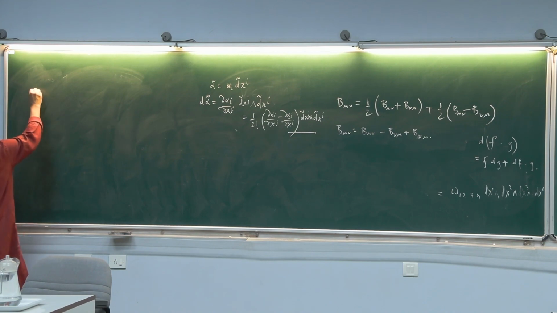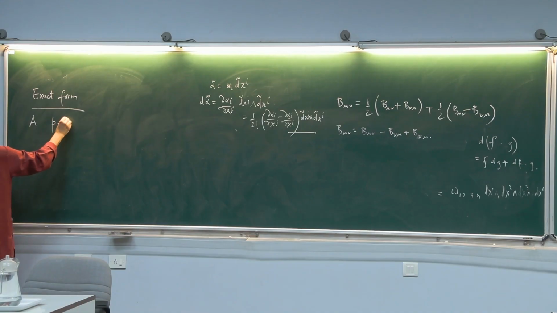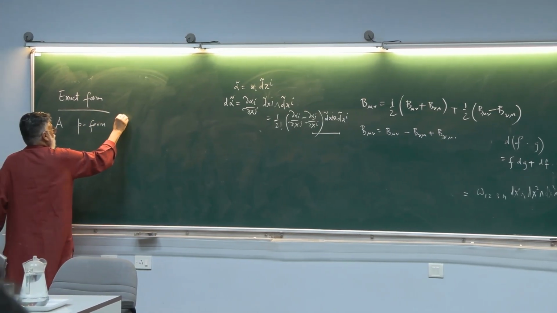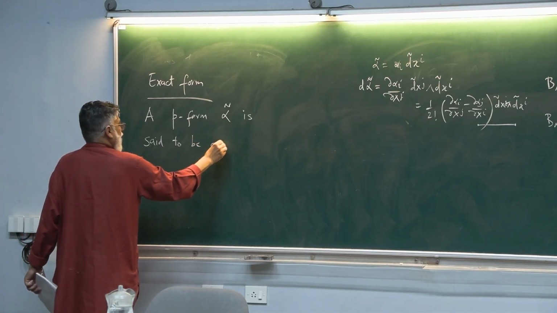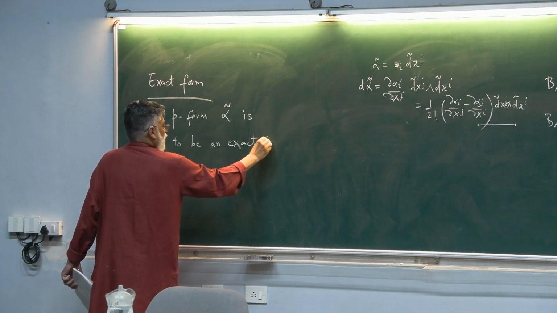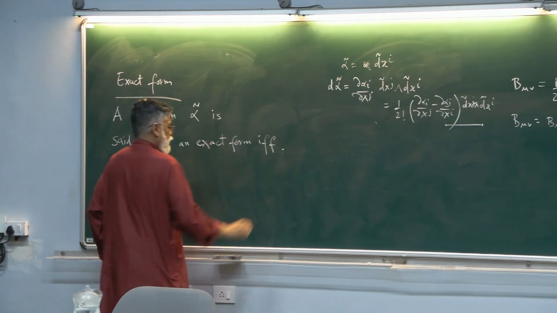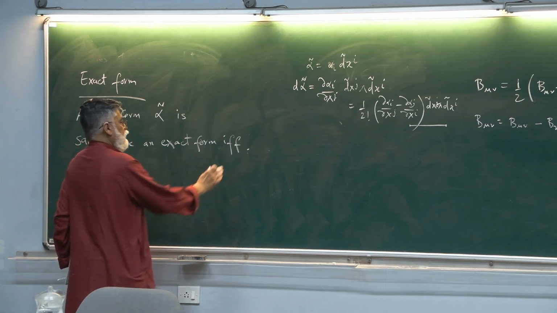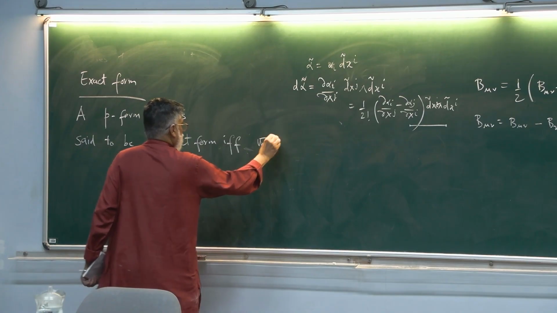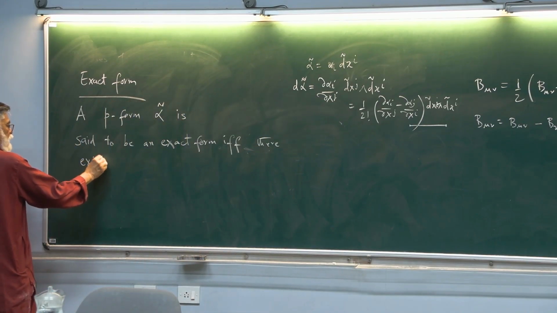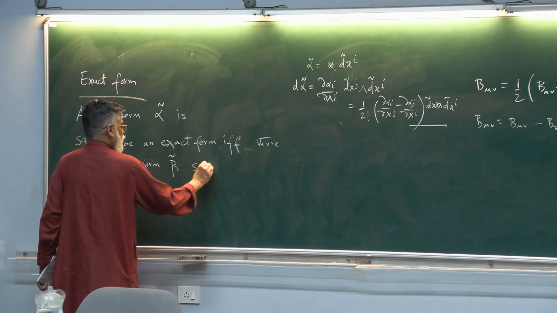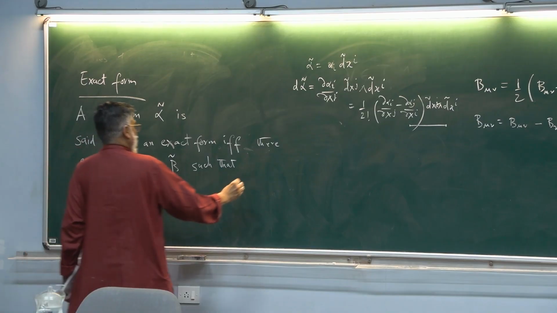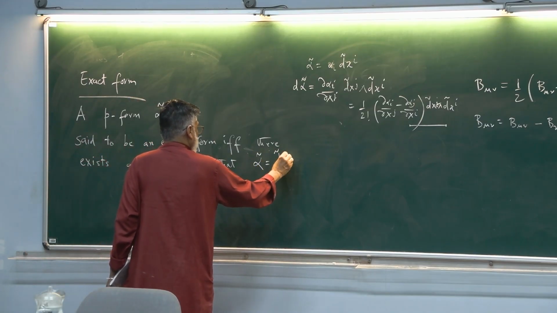So exact form. A p form alpha is said to be an exact form if and only if there exists a form beta such that alpha is the exterior derivative acting on beta.